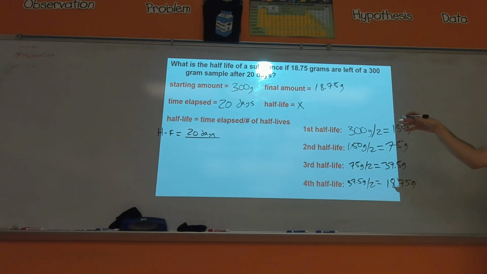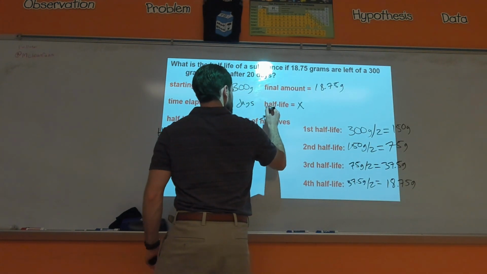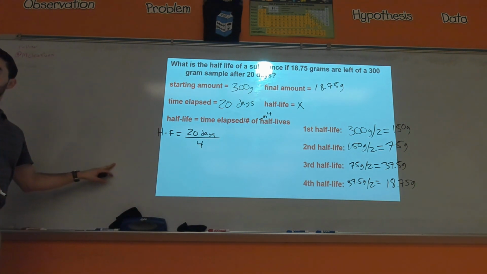Because a half-life is the time it takes to cut the sample in half. Make sure that you make that connection. Half, that's why we're dividing by 2. So we had to divide 300 by 2 4 times. So number of half-lives here is 4. So therefore, we're going to divide by 4.